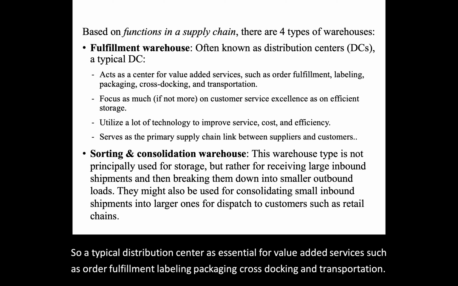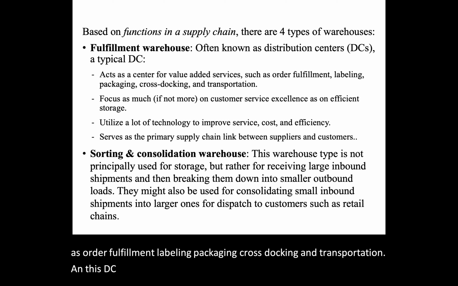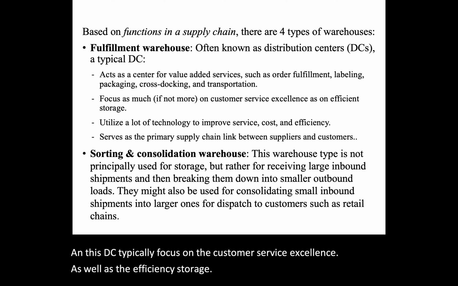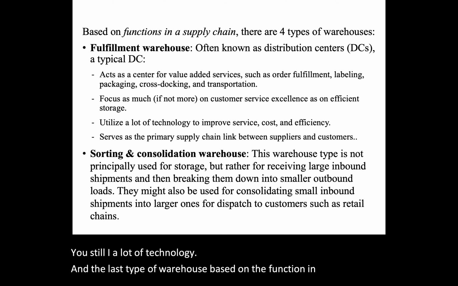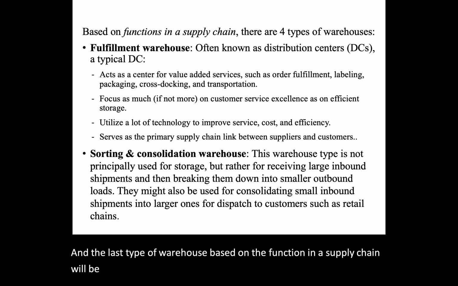This DC typically focuses on customer service excellence as well as efficient storage. And a typical DC utilizes a lot of technology. The last type of warehouse based on the function in the supply chain will be the sorting and consolidation warehouse, which we already introduced in the last session.